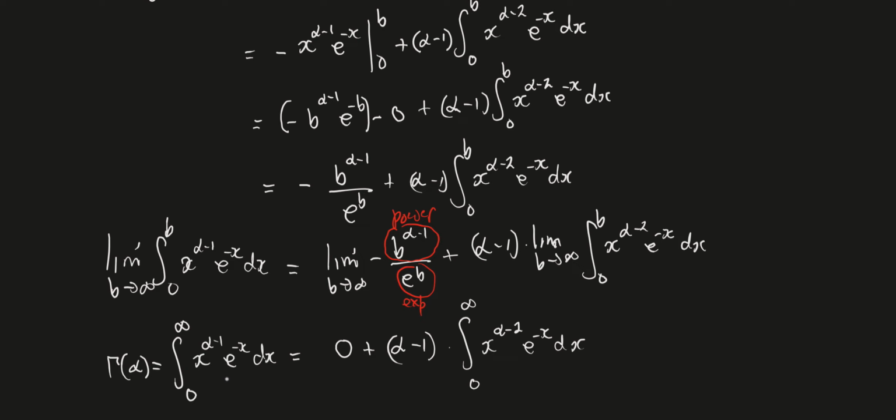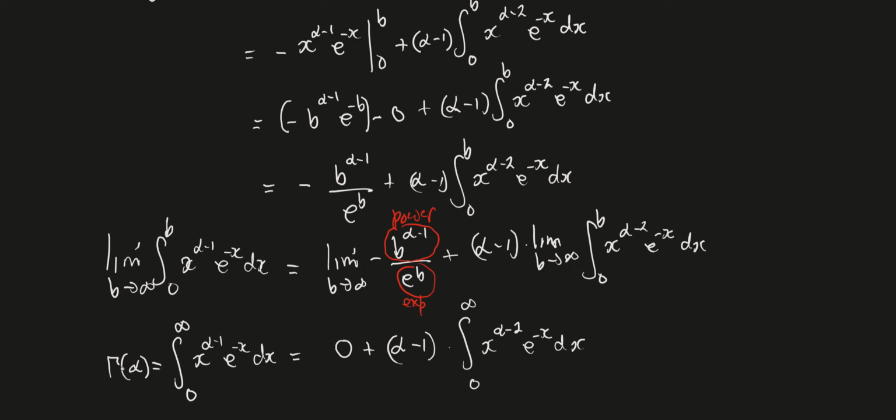Now this is pretty interesting because by doing parts, we've come up with this relationship. If you notice, the only thing different from the original gamma definition is the fact that this exponent here is alpha minus 1 and this one is alpha minus 2.